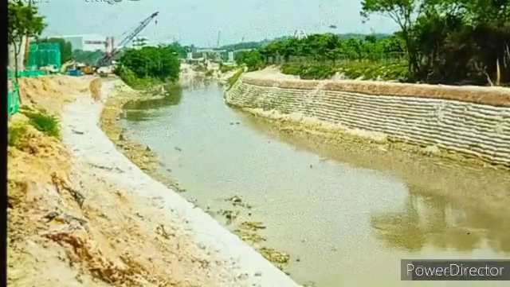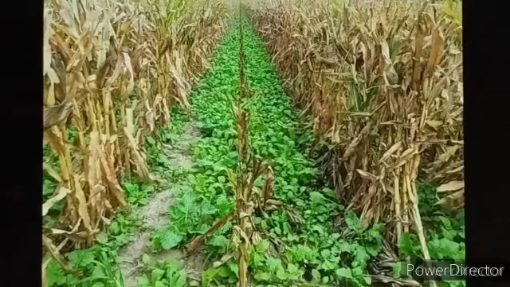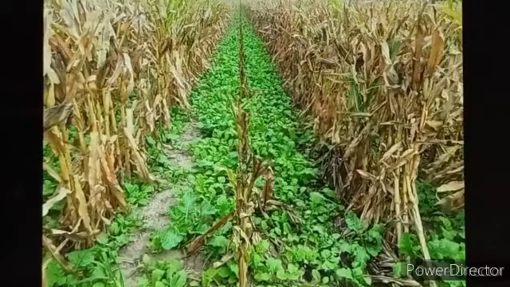Another way of preventing soil erosion is growing cover crops. Farmers use several methods to maintain the fertility of the soil. They let the field lie fallow between two major crops, after harvesting the first crop and before sowing the next crop.